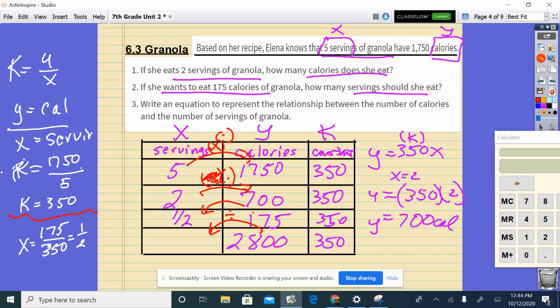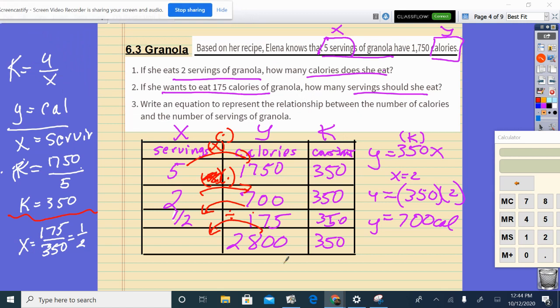Okay, we're back. Did you figure it out? It's probably pretty simple when you think about it. You could just take 2,800 divided by 350, because that's the constant, which is what I know.